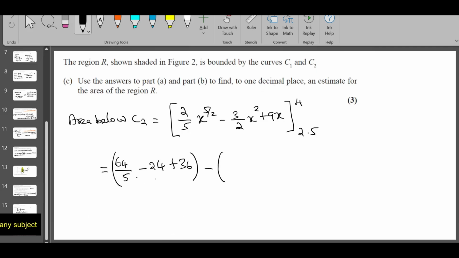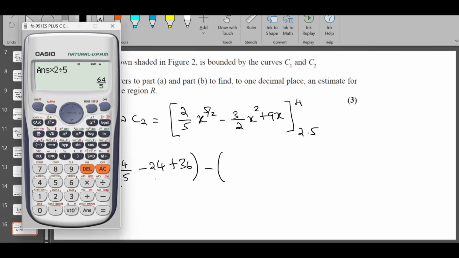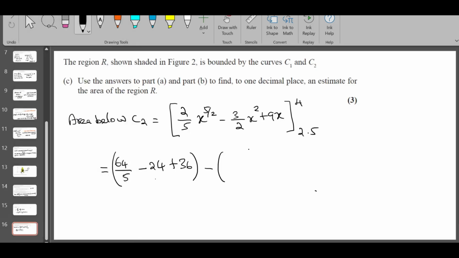Minus. Now we need to sub in 2.5, which is basically 5 over 2. We need to try to get the exact value. But do not worry, they want the answer to 1 decimal place, so it's completely all right. So I'm going to sub in the lower limit now.